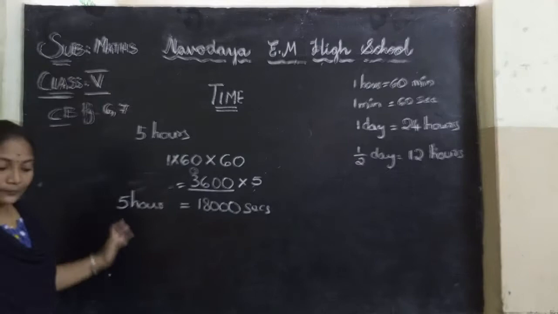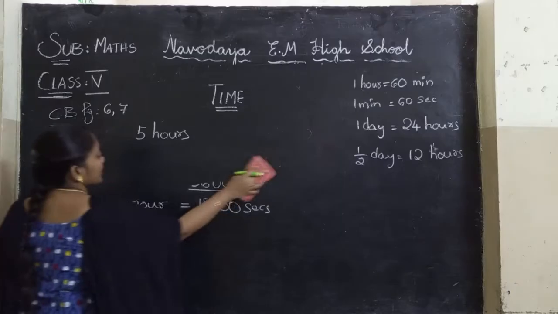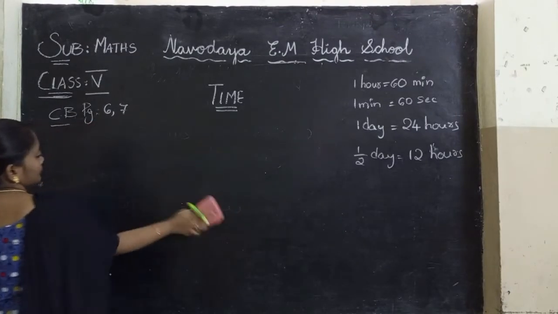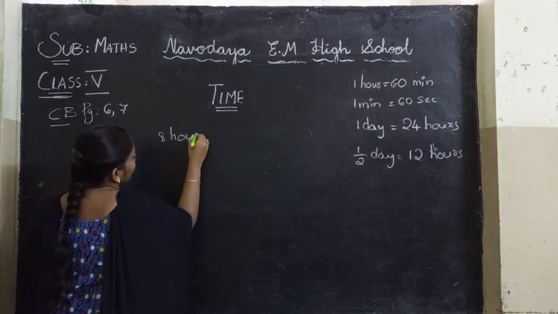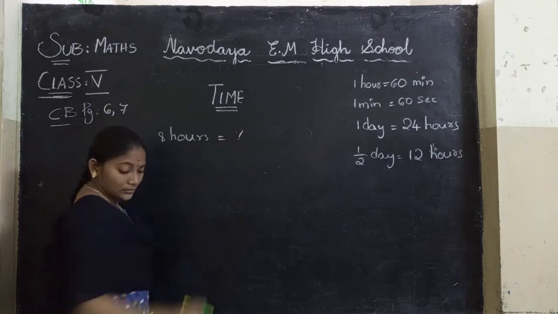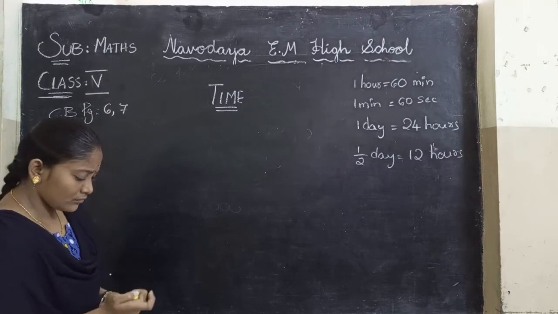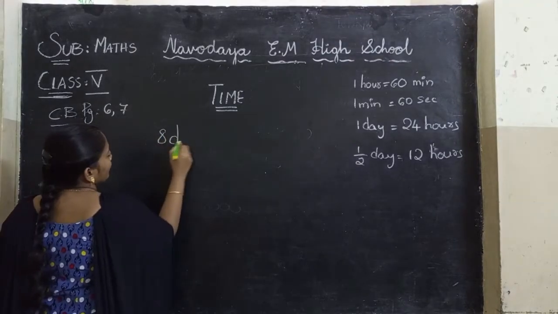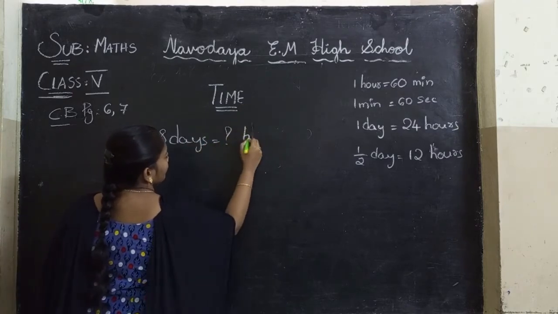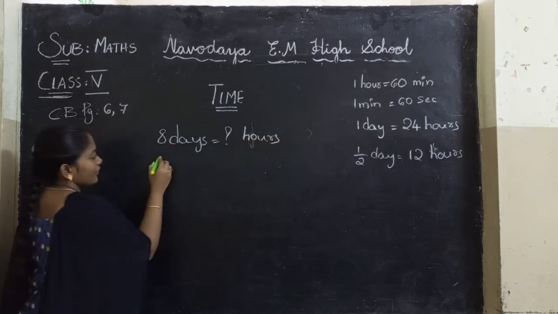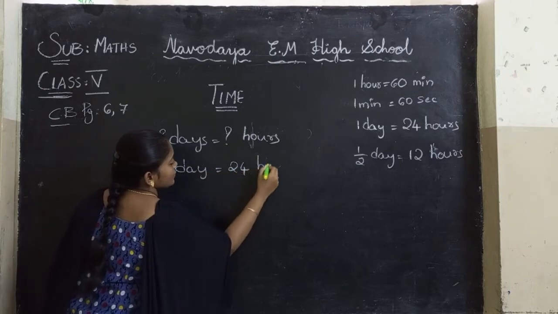Now the next one. How many hours are there in 8 days? Per day, how many hours? Eight days is equal to how many hours? For one day, there are 24 hours.